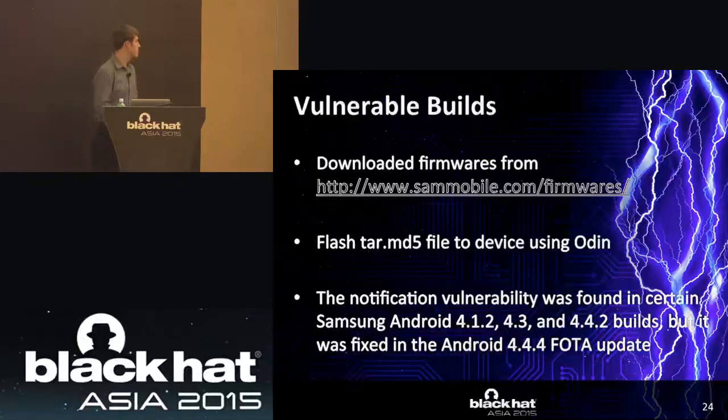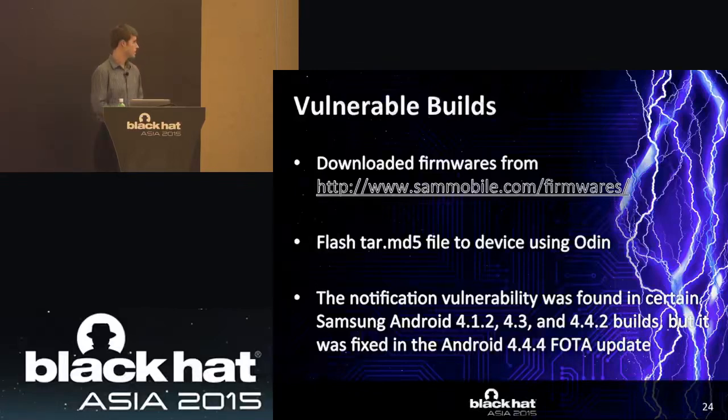So vulnerable builds. We essentially tested a bunch of devices that we were able to get our hands on from friends and colleagues. We also downloaded stock Samsung firmwares from the site SamMobile. So if you have a Samsung device, assuming you're downloading it for the correct model, you can download a stock ROM from there, put your phone into download or Odin mode, and then flash it to your device using Odin.